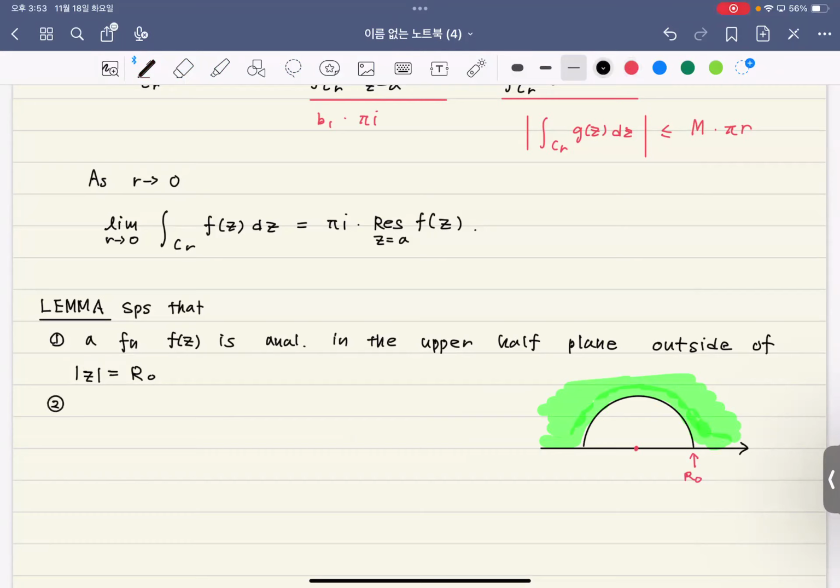And condition number 2: let C_R be a semicircle.